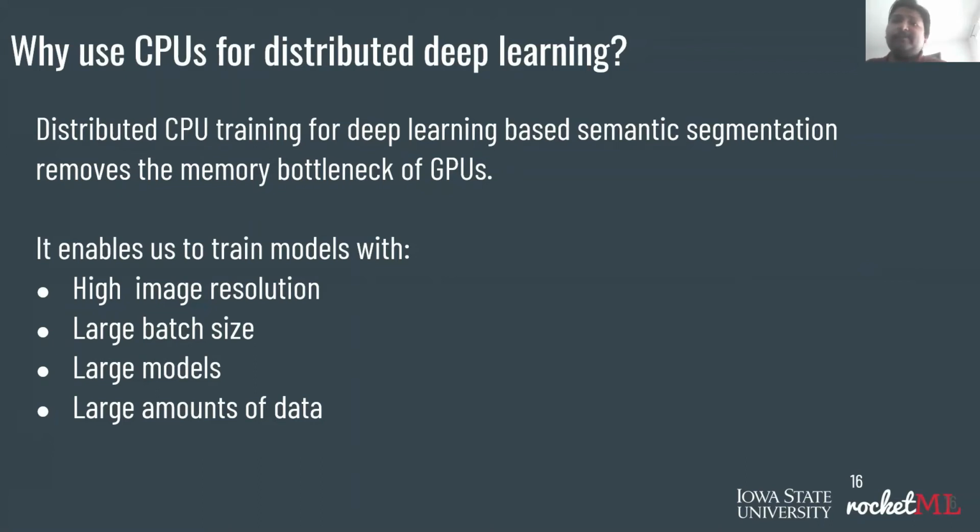Training with high image resolution was important for extracting phenotypic traits like leaf angle and leaf count. Training large models on large amounts of data helps in obtaining accurate semantic segmentation models. This motivated us to use a distributed deep learning approach for our problem.